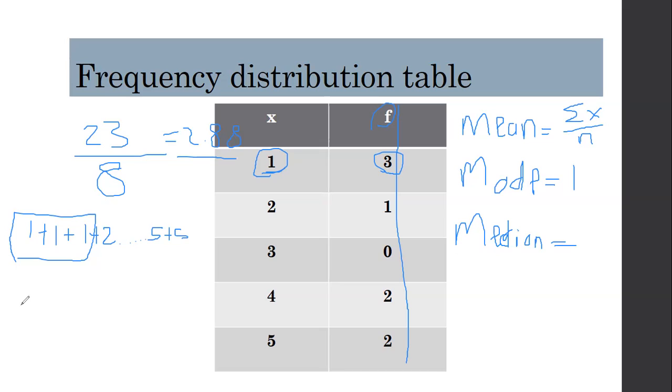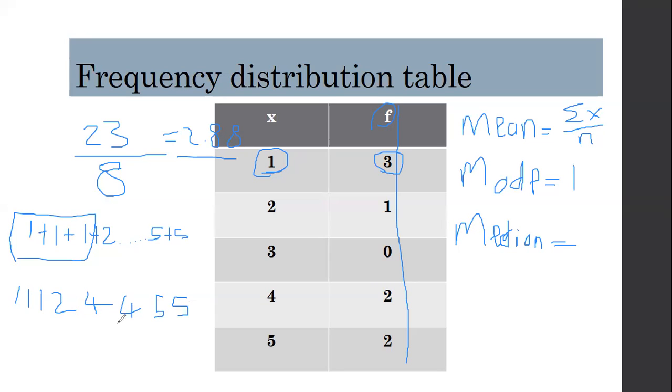Some of us don't know what ascending and descending mean: in order of size. So 1, 1, 1, 2, 4, 4, 5, 5. We don't have a 3. So we have 8 values.